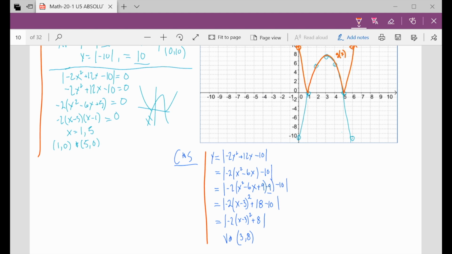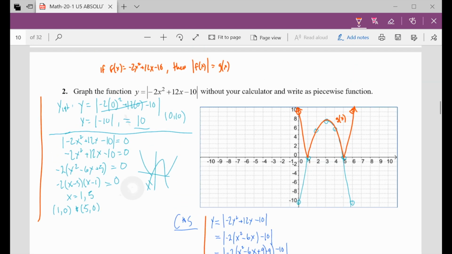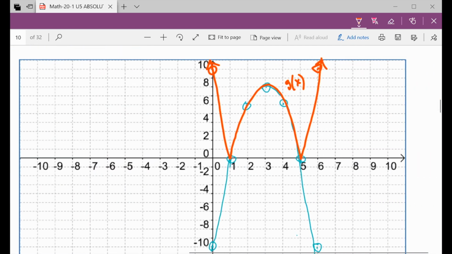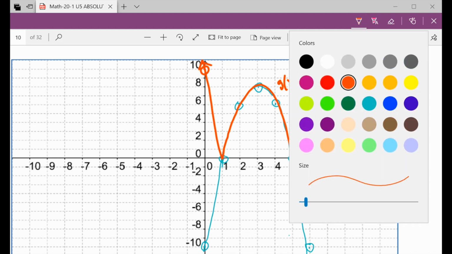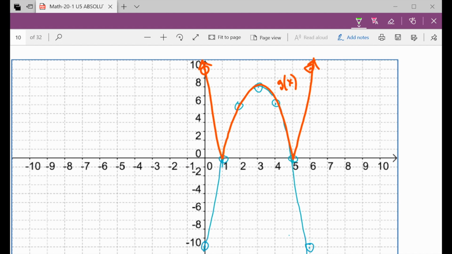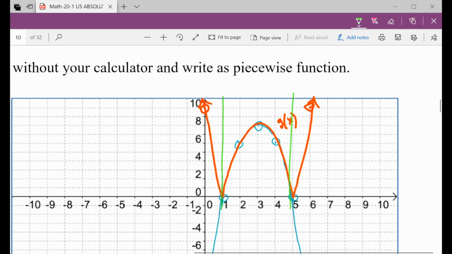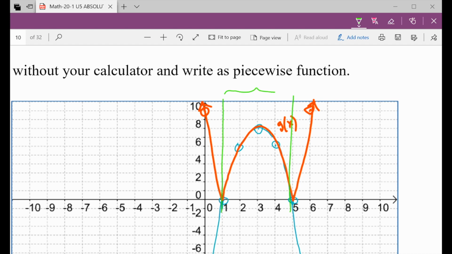The last thing we're always going to want to do now is to state the piecewise functions. All right, the piecewise functions. Because the piecewise functions are going to be divided into parts. Let me choose some nifty colors here. There's the part of the graph that is inside the boundaries, the axes, and these are going to be the original function, and then there's going to be that area on both sides, which are going to be the transformed function, the absolute value function.